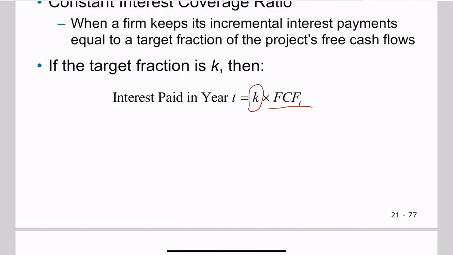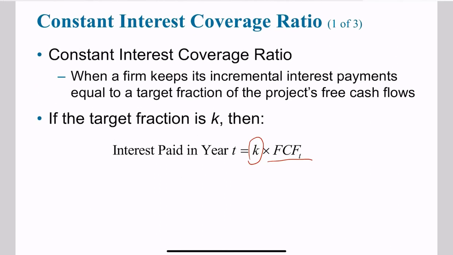And now if we assume the firm has a constant interest coverage ratio, now you can see that the argument is even more obvious, right? Because again, if free cash flow increases by 10%, then interest payment will increase by 10%. If free cash flow decreases by 10%, the interest payment will decrease by 10%.